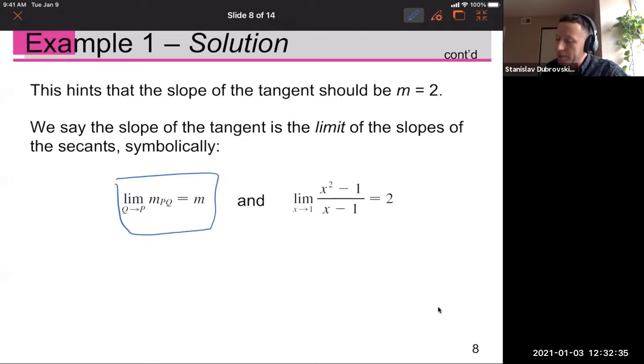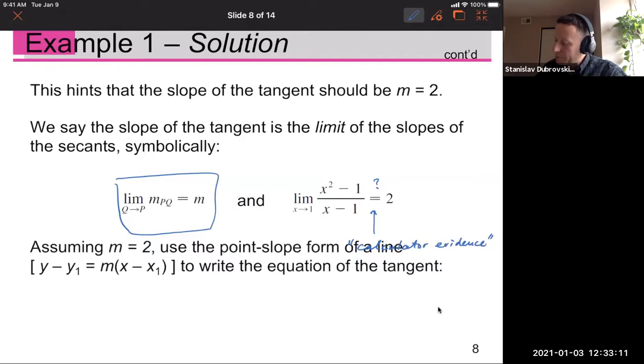As x approaches 1, we will say that the limit of this rate of change, the limit of this secant slope, is equal to 2. Now we're still kind of not sure. So far, all we have is the so-called calculator evidence from the table that we've seen before.